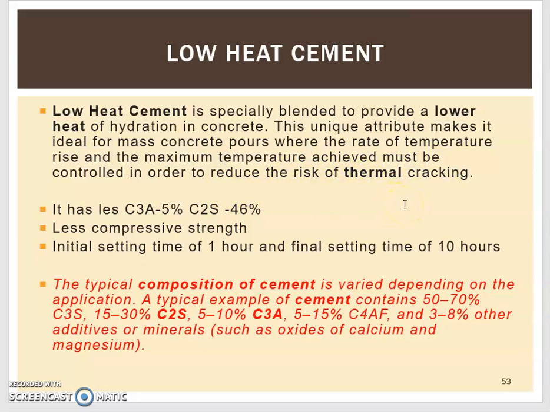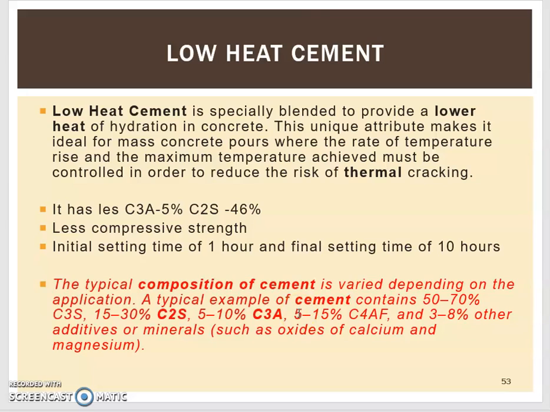Now, what is this C3A? Tricalcium aluminate is around 5%, and dicalcium silicate is around 46%. In normal cement, I have purposely put this note in red, which does not pertain to low heat cement: in a typical cement, you have tricalcium aluminate around 5 to 15%. So you can see in low heat cement, you are keeping it to the lowest possible value.